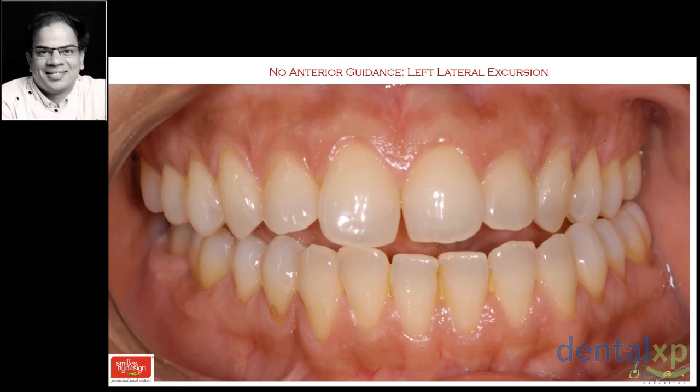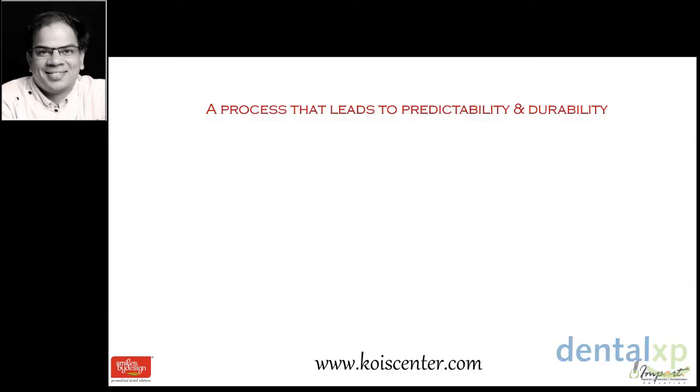This particular case and many like this set me thinking: are we on the right path to follow the concept of mutually protected and group function and apply that to each and every patient that we see in our practice? And the quest for that took me to one of the greatest minds in the field of occlusion today, and that is Dr. John Kois. I've been his student over the last many years, more than 10 years now.